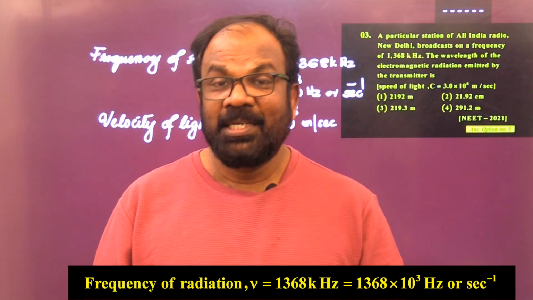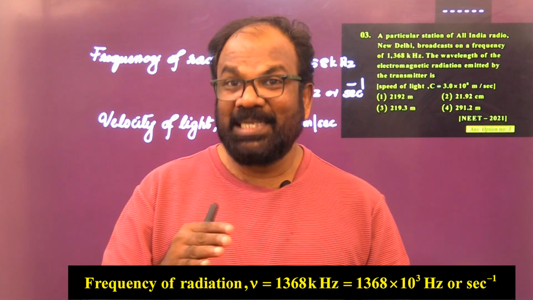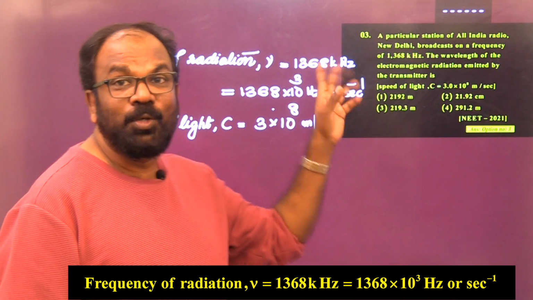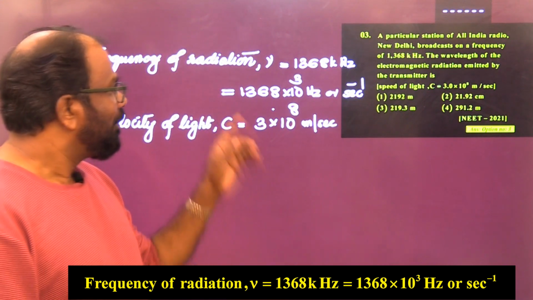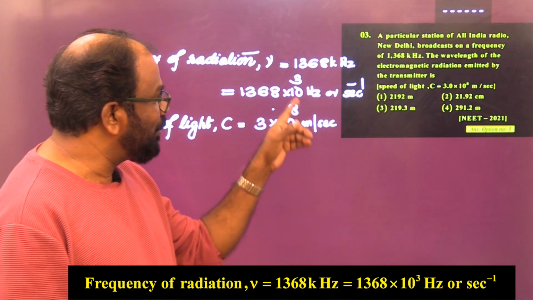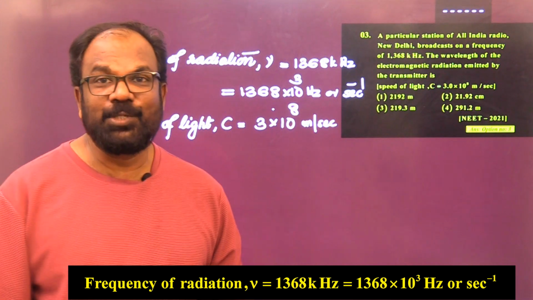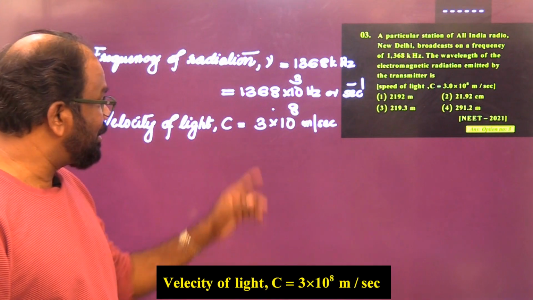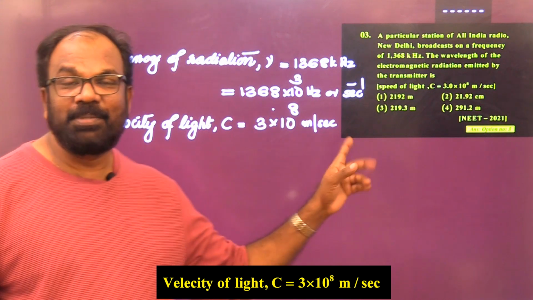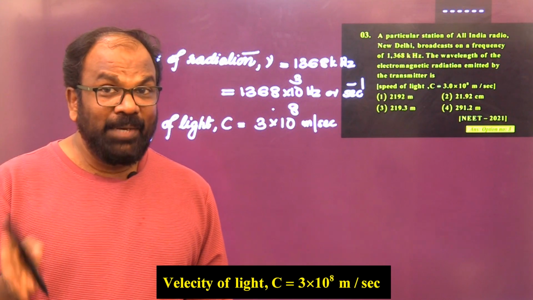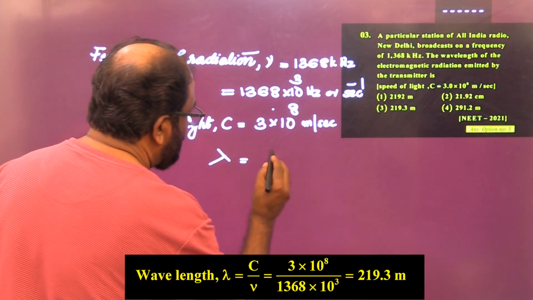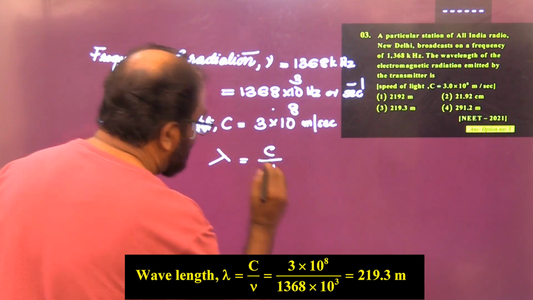Here in this question, frequency of the radiation emitted nu is given, which is equal to 1368 kilohertz, which is equal to 1368 into 10 raised to 3 hertz or second raised to minus 1. Here the velocity of radiation c is given as 3 into 10 raised to 8 meter per second. We know wavelength of radiation lambda is equal to its velocity c divided by frequency nu.